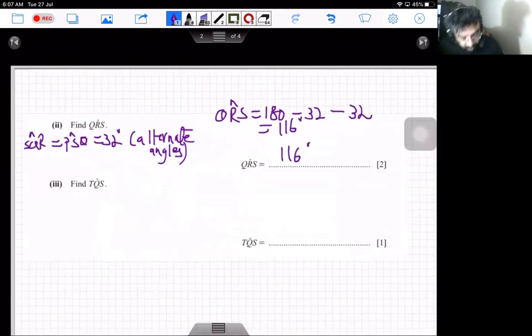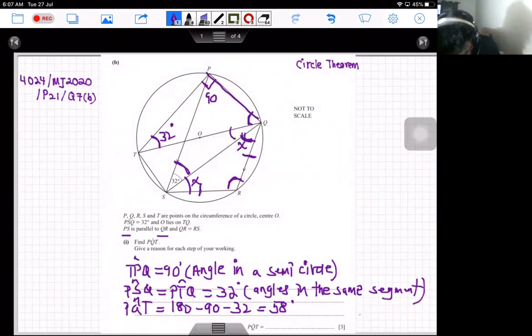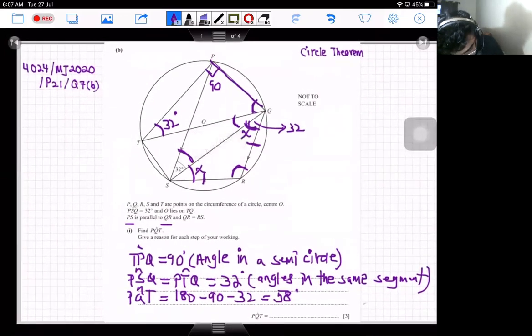All right. Part 3 says find angle TQS, this one. First of all, what you know is that this angle SQR is 32, and you need this angle TQS.